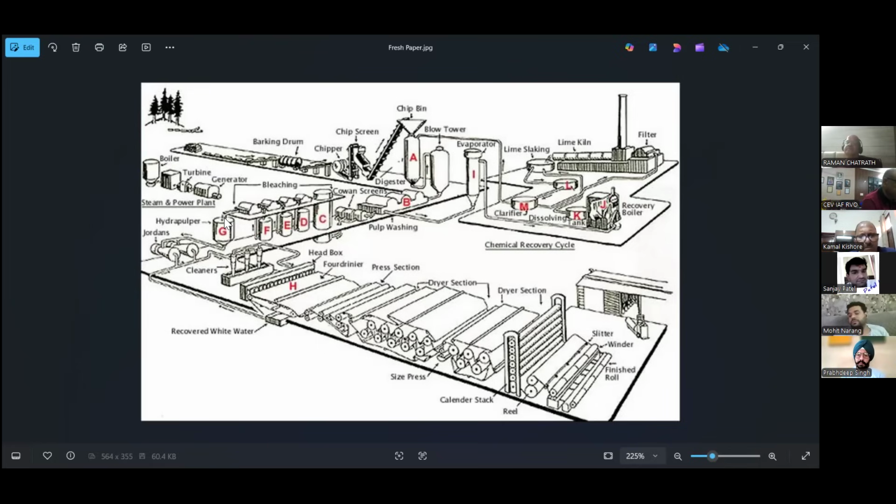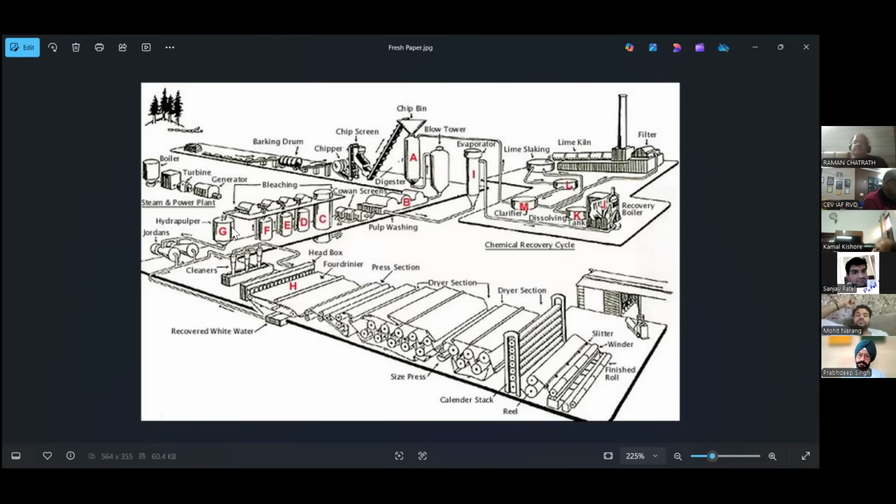We are removing unwanted pigment. Whatever pulp is generated from the bark or stem of the wood, it will be almost a dark brown color. So in the bleaching process, these brown pigments are removed, and your pulp is converted to white color.